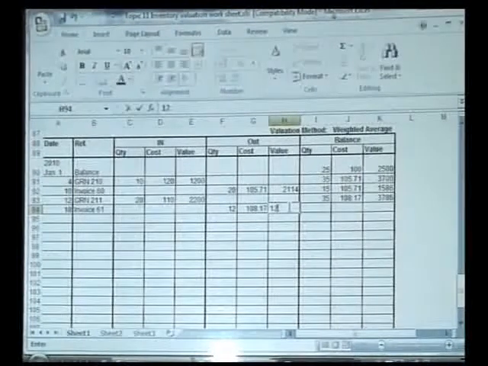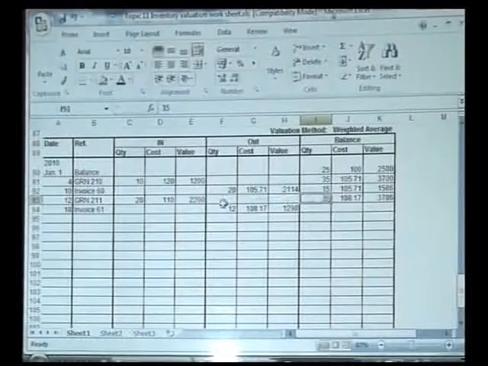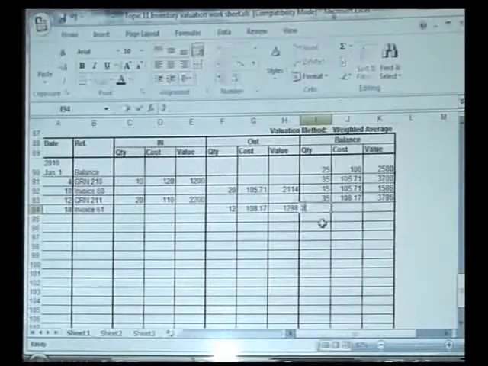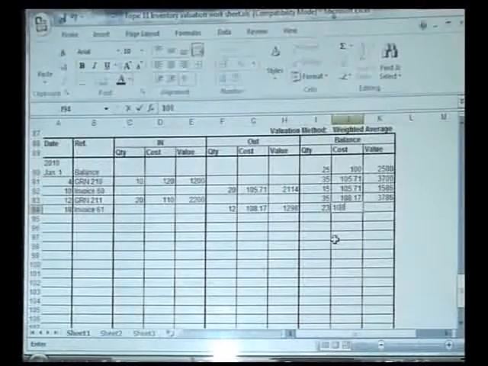Then the total 1298. 35 minus 12 is 23. Same price, 108.17 toea. 2488.